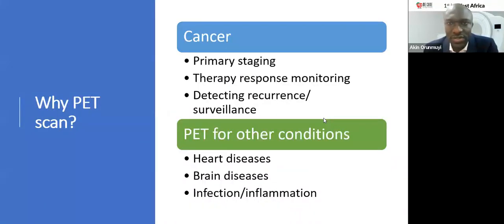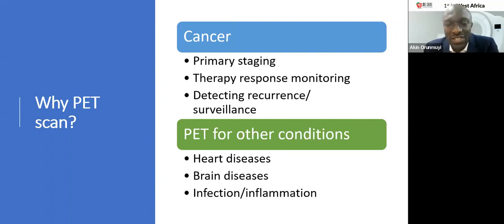So why would anybody want to do a PET scan? PET is changing the way cancer is managed. For the majority of cancers, PET is useful for primary staging, but more importantly, for most cancers, it can be used to assess the treatment response. That means that from giving the first or second course of chemo, one can predict or have an idea of the prognosis, if the chemo is working or if there's a need to change the chemo to something else that works.